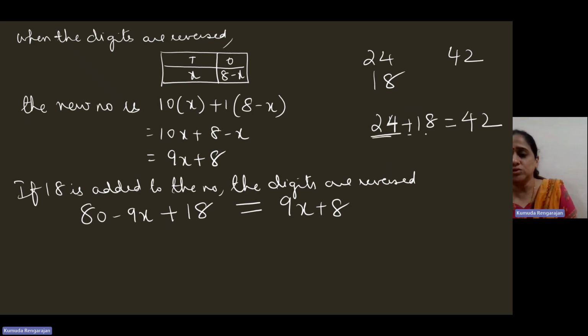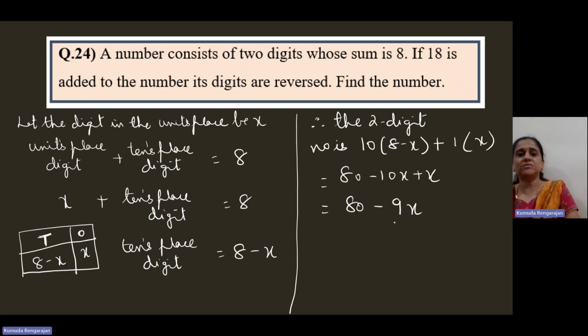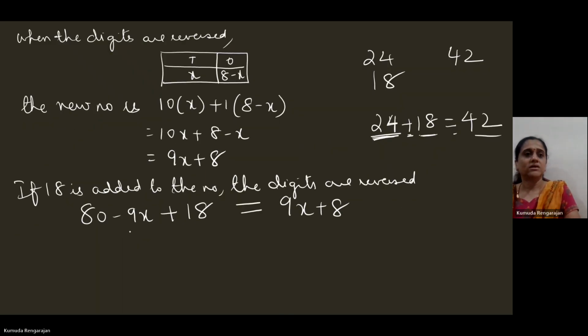Original number plus 18 is equal to new number. So the expression for the original number is 80 minus 9x. When you add 18 to this original number, the sum you get, there the digits are reversed. That means you get the new number, which is 9x plus 8.